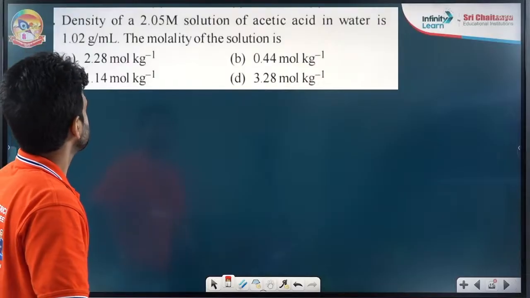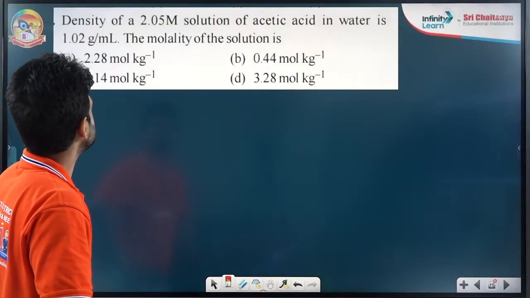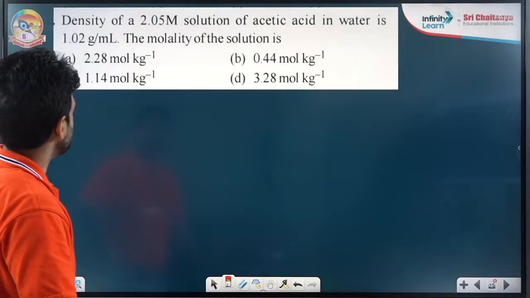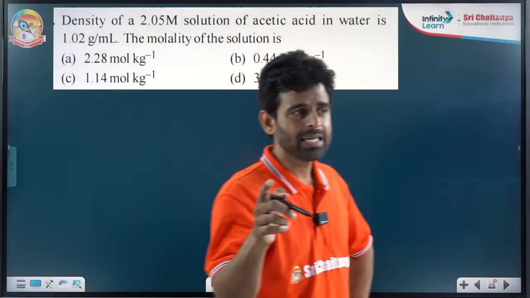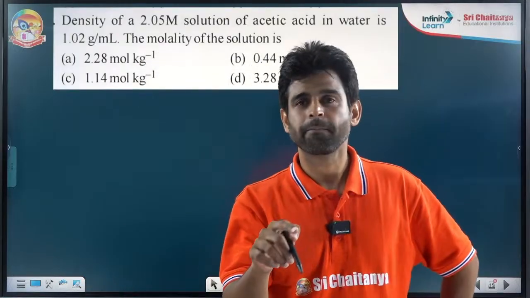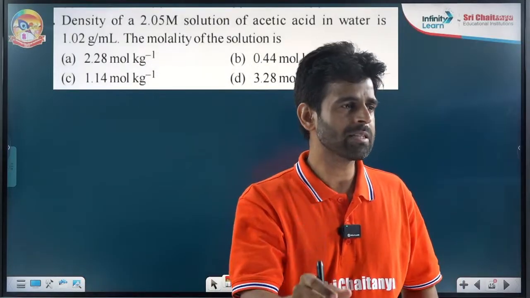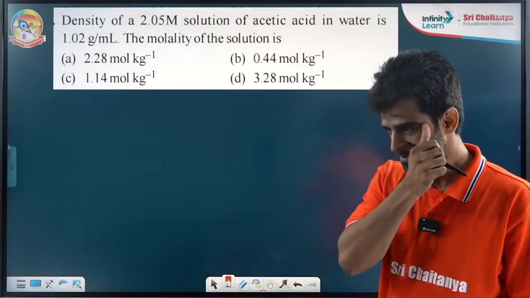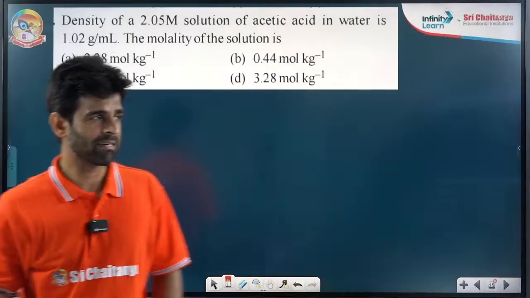Density is given. They are asking the molality. Density of a 2.05 molar solution of acetic acid is given. They are asking the molality. Yesterday we did this. We wrote a relationship between molarity and molality. So please use it. Give me the answer. Yesterday I gave the formula, right?